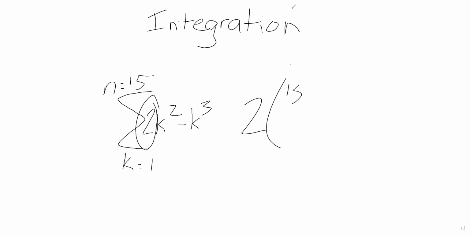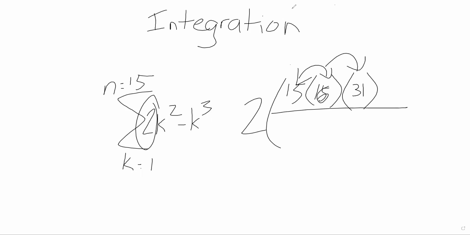It's 15 times 15 plus 1, so 16 times 2 times 15 plus 1, because it's 2n plus 1. So it would be 31. A quick check is that these two numbers add up to that number: 15 plus 16 equals 31, all over 6.